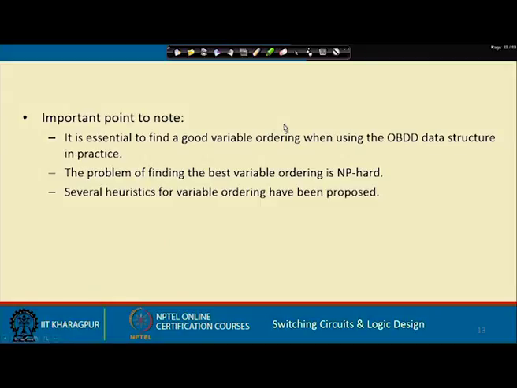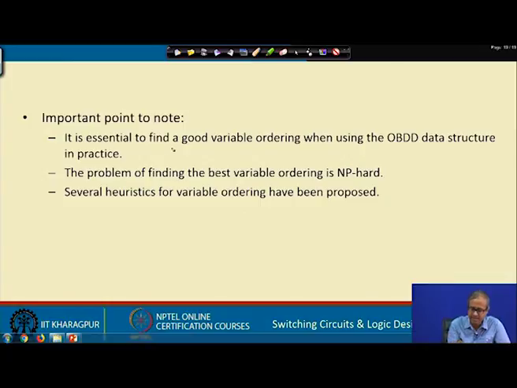So, the important point to note, as I just mentioned, is that it is very important to find a good variable ordering, and we have a binary decision diagram here which is called an ordered binary decision diagram, where the ordering of the variables is defined. Of course, finding the best ordering is not easy.